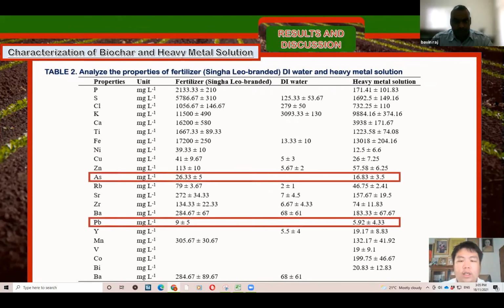Arsenic and lead contained in the fertilizer before mixing with DI water had concentrations of 26.33 ± 5 ppm and 9 ± 5 ppm, respectively. After mixing, the solution was tested for trace elements with XRF. The concentrations of arsenic and lead were 16.83 ± 3.5 ppm and 5.92 ± 4.33 ppm, respectively.